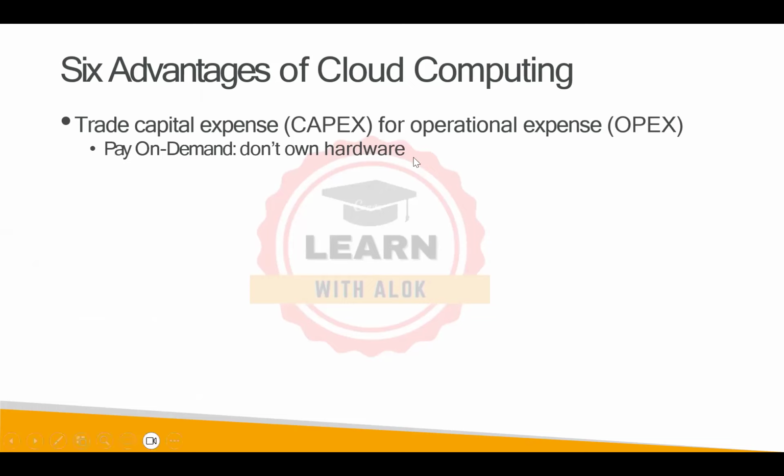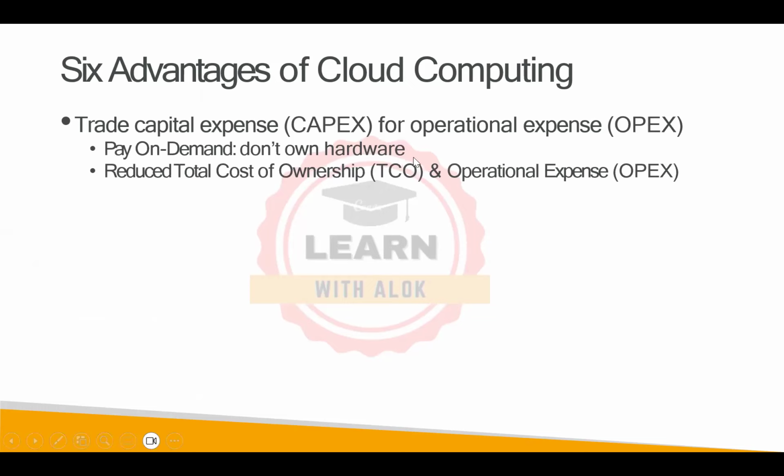Pay on demand, don't own hardware, as we have already discussed. Reduce total cost of ownership. Since we are not owning the hardware, we have reduced total cost of ownership. Benefit from massive economies of scale.